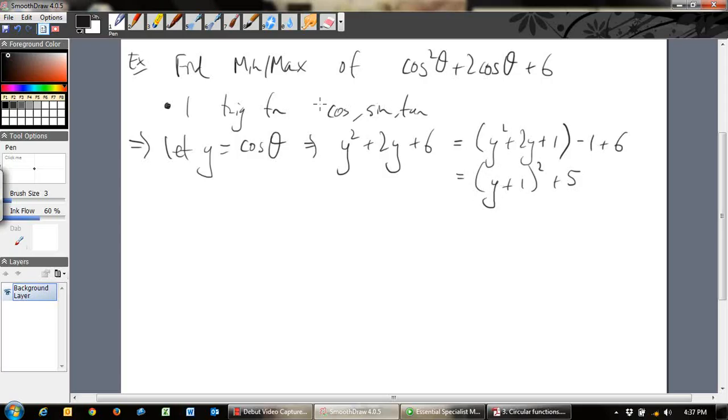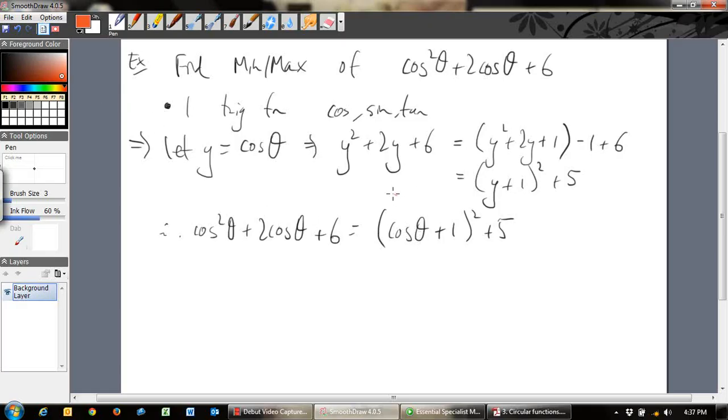Let's put cos theta back in: cos squared theta plus 2 cos theta plus 6 equals cos theta plus 1 squared plus 5. Can you see how we've changed it to something with only one trig function? Now we can analyze what's happening.